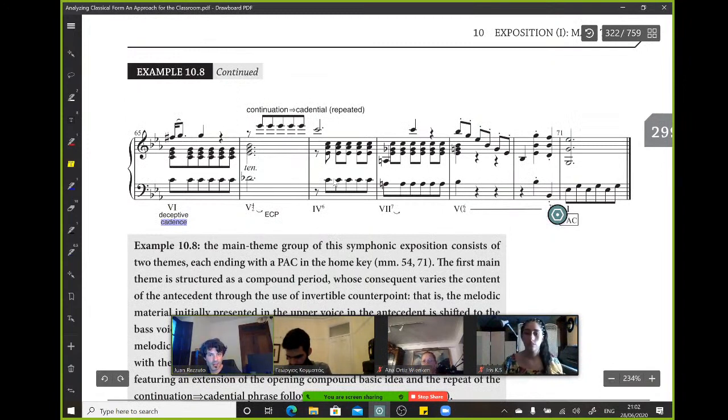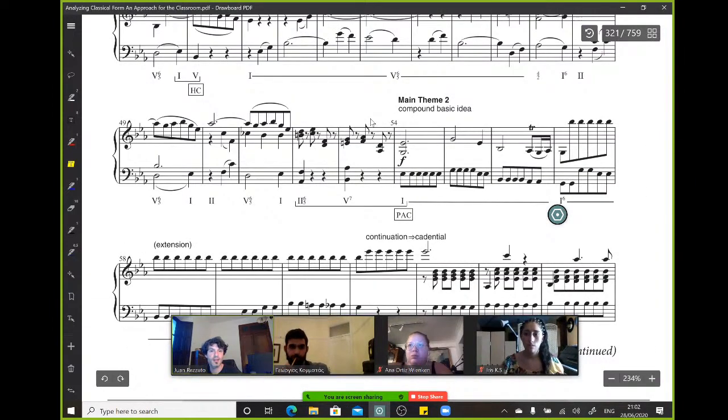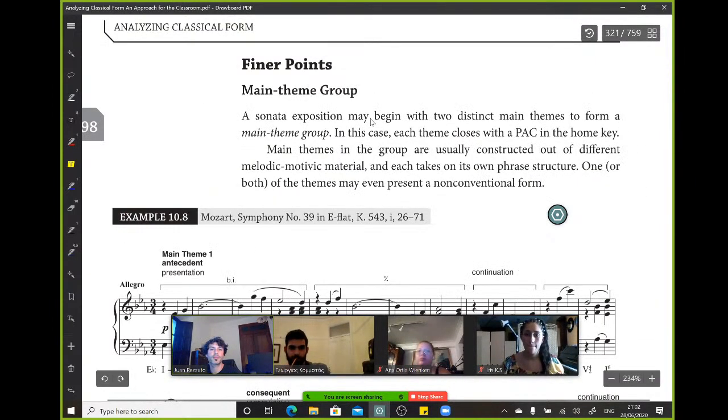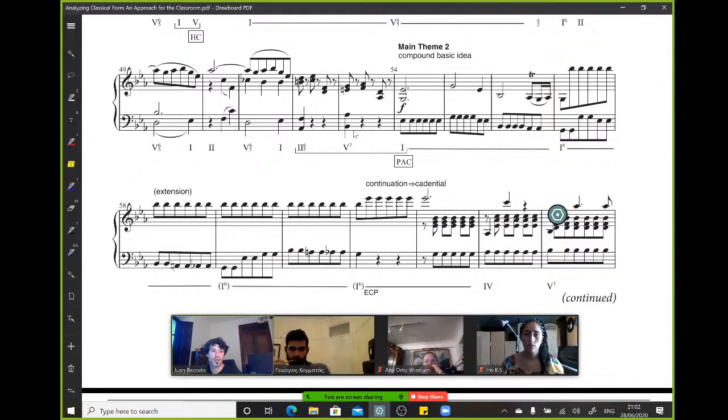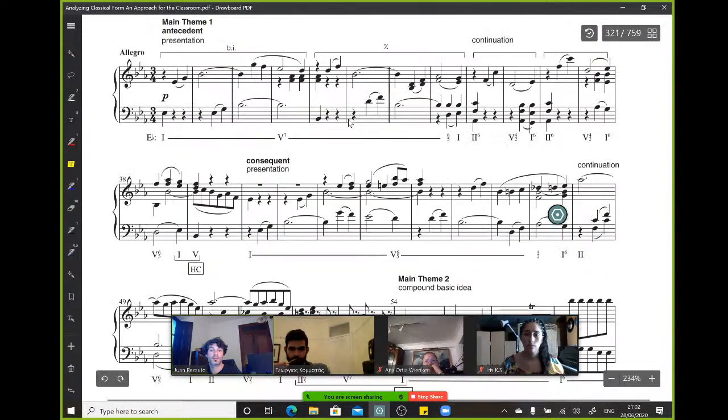The cadential repetition is allowed by the deceptive cadence, you see. So here, let me check, we are in an exposition. We are in a main theme of an exposition. So it's nice, this example.